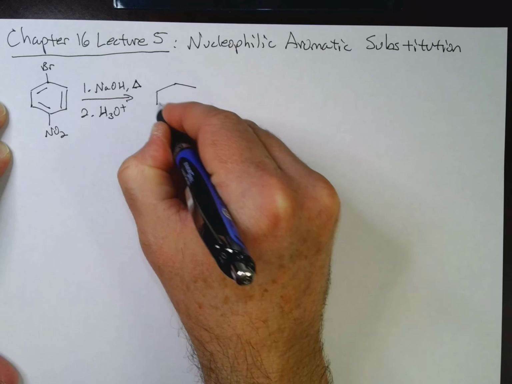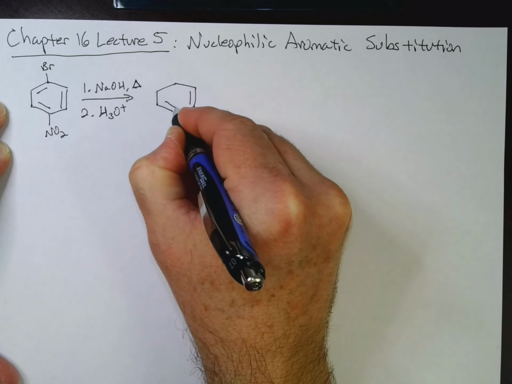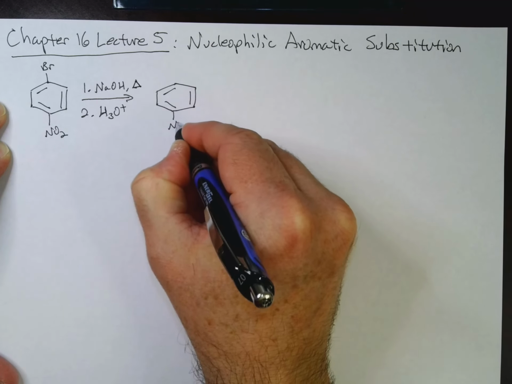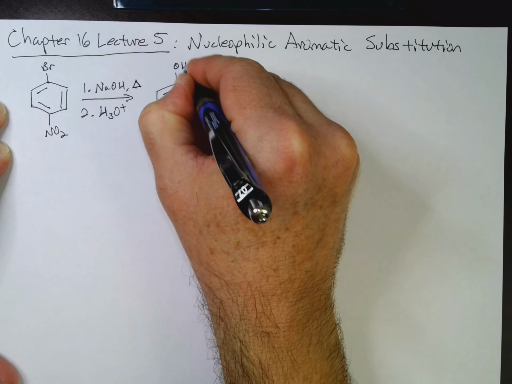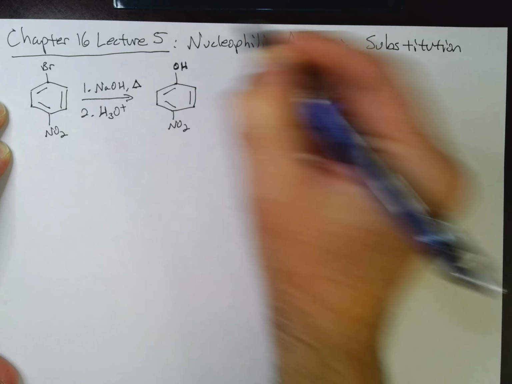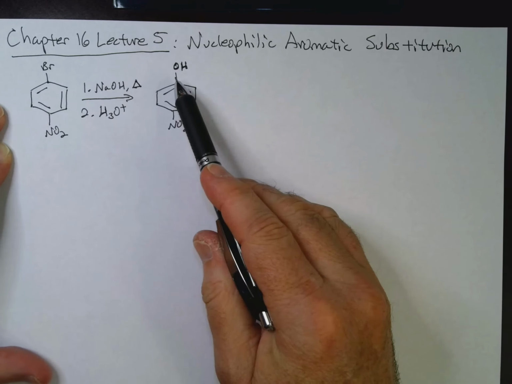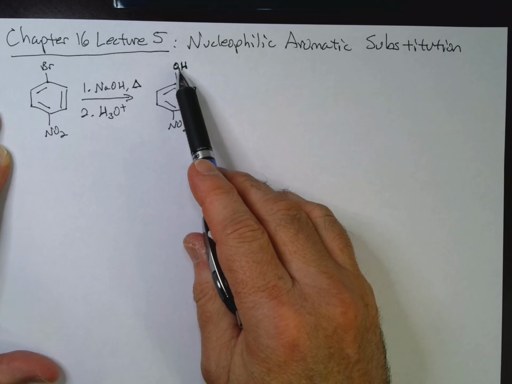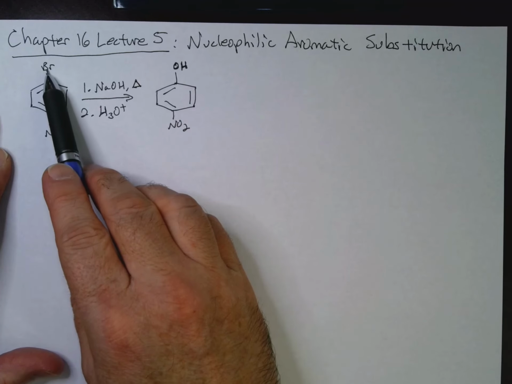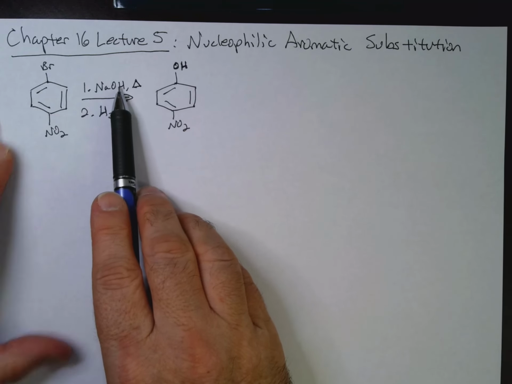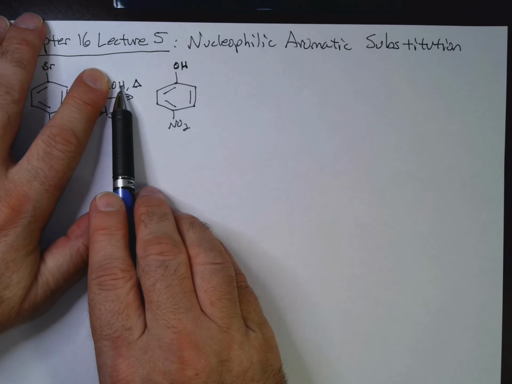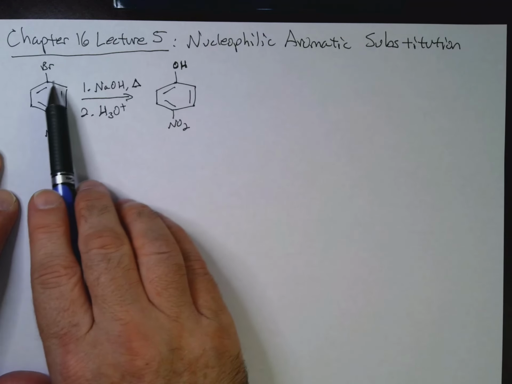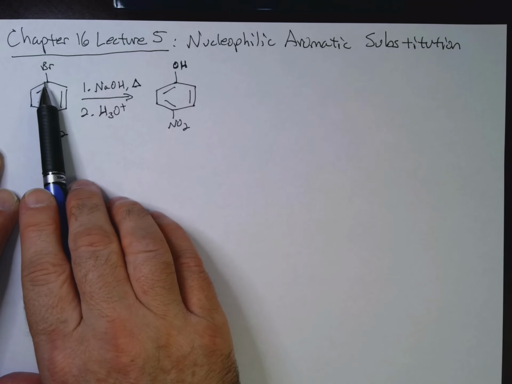Well, we get a substitution reaction, but instead of having a hydrogen substituted for an electrophile, we have a halogen substituted for a nucleophile. So NaOH, that's OH minus, functions as a nucleophile, and it will substitute for the bromine.